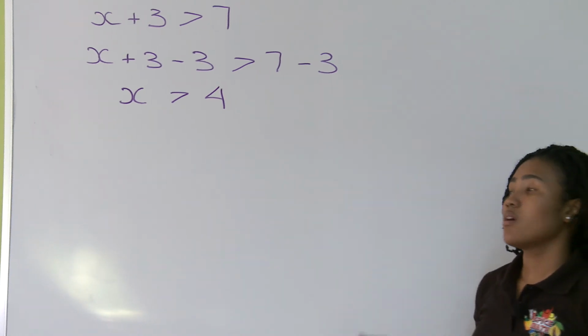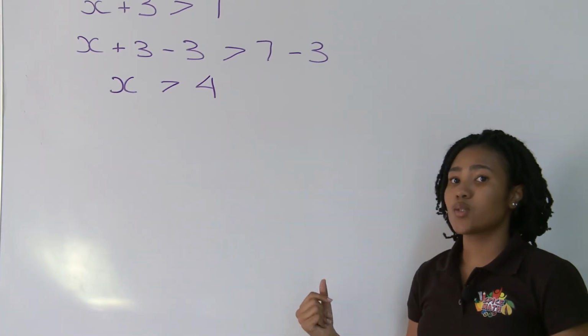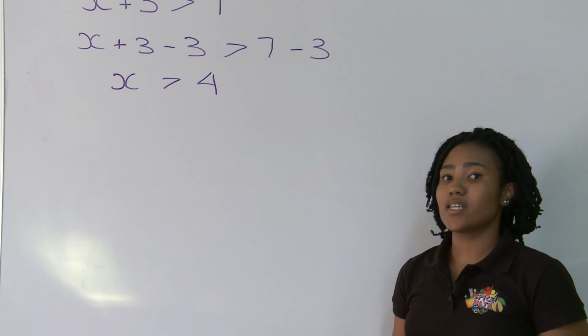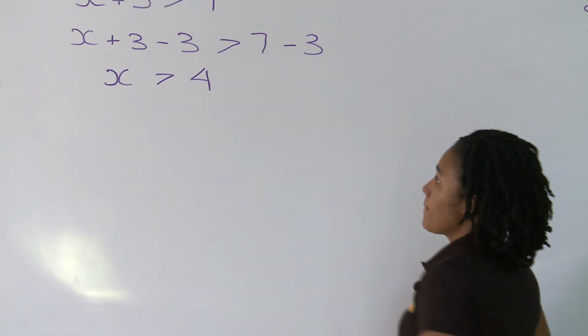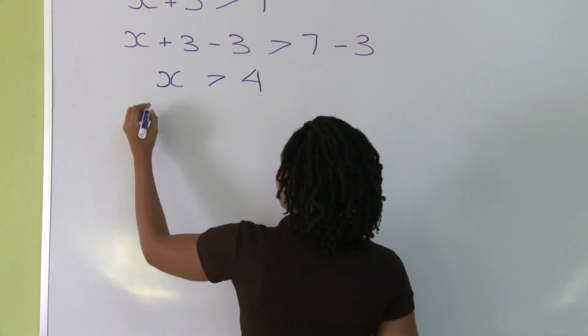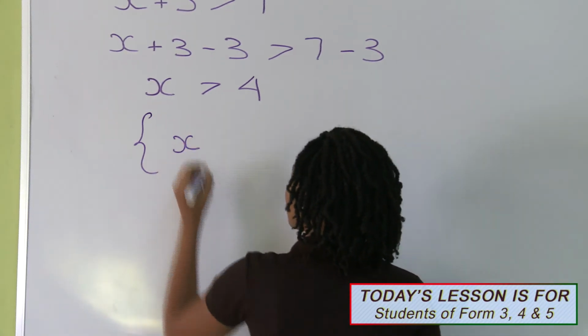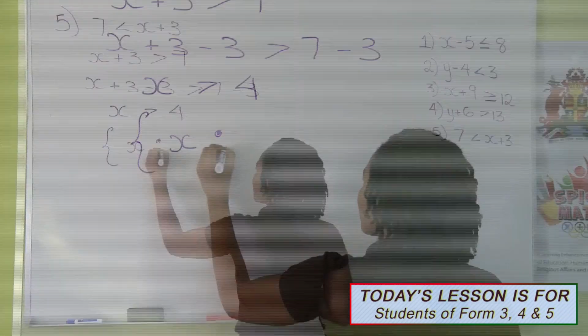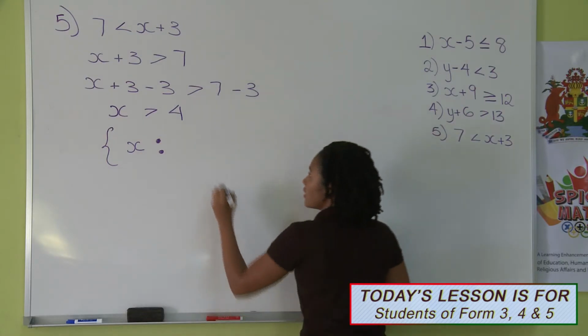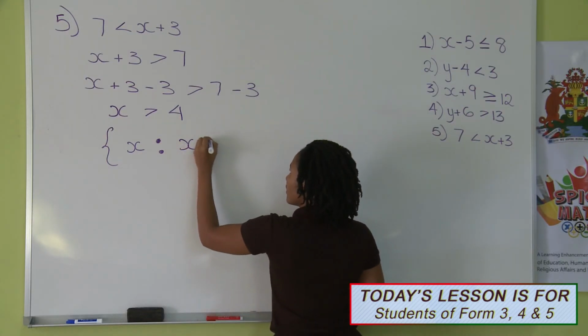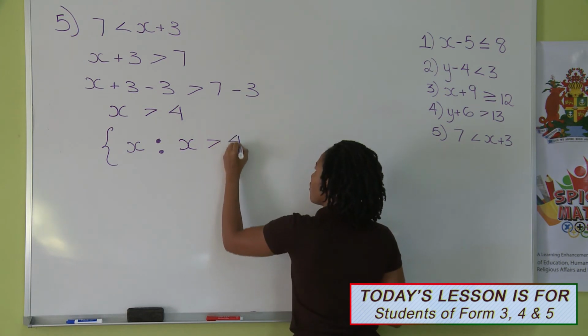But of course, we cannot leave our answer like this. We must represent it as a solution set. So we're going to go straight ahead and do that. So the set x is such that x is greater than 4.